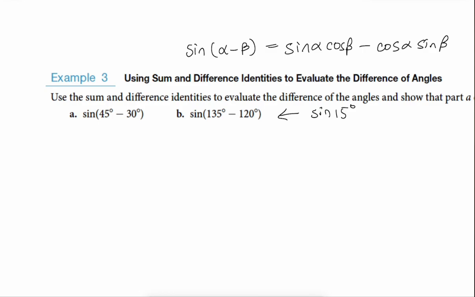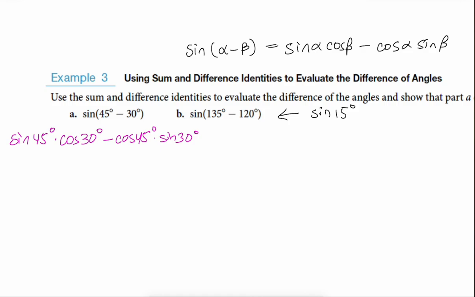Our alpha would be 45, our beta would be 30. Let's just first plug it into the formula. So this is going to be the sine of 45 times the cosine of 30 minus the cosine of 45 times the sine of 30.